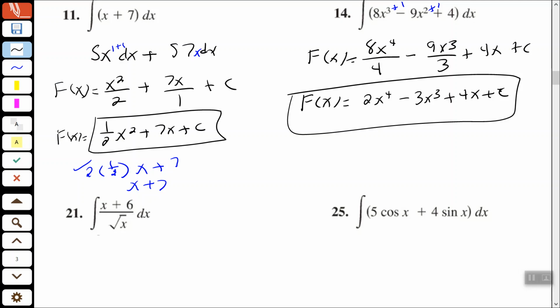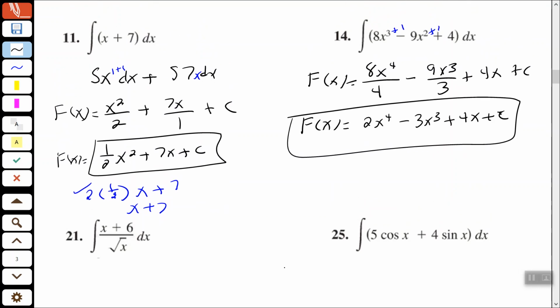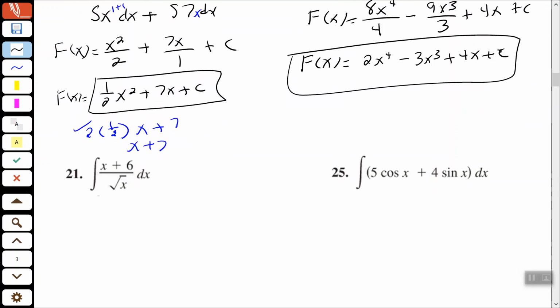All right. Number 21. We have x plus 6 over the square root of x. So again, we probably want to go ahead and rewrite this radical in exponential notation. And let's go ahead and separate these into separate fractions as well. So x over x to the 1/2 plus 6 over x to the 1/2 dx.